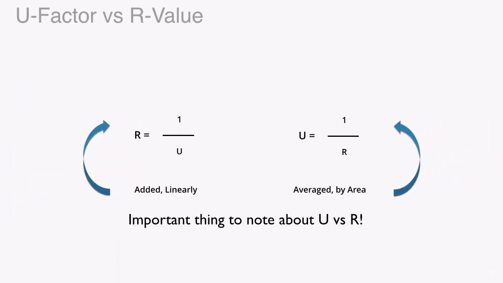This slide here is just showing that relationship between R value and U factor. You can get a U factor by dividing 1 by the R value, and vice versa. You can get the R value by dividing 1 by the U factor.